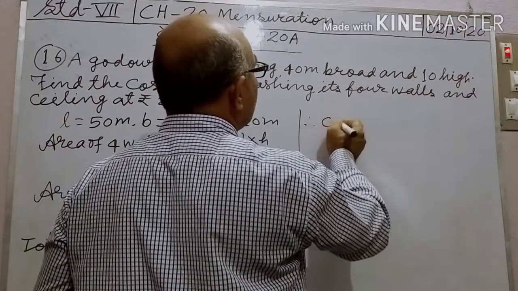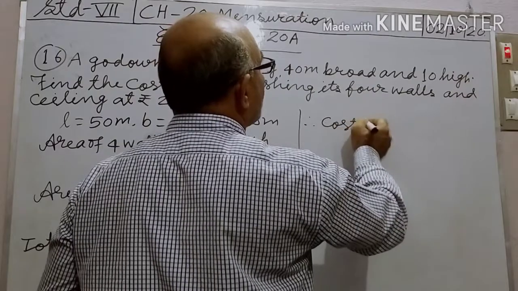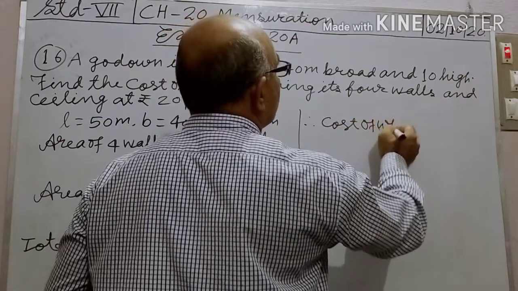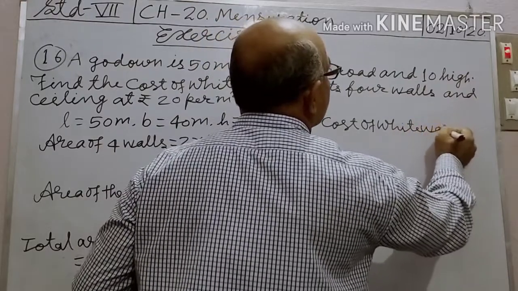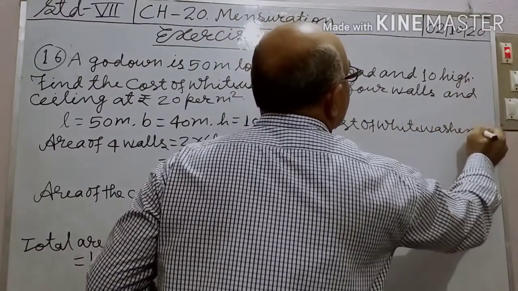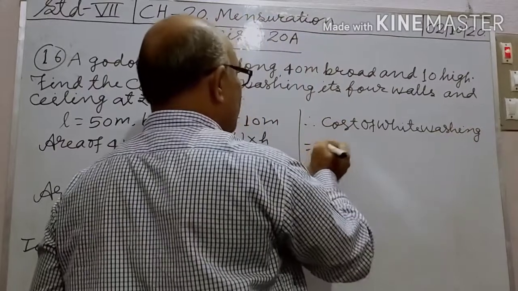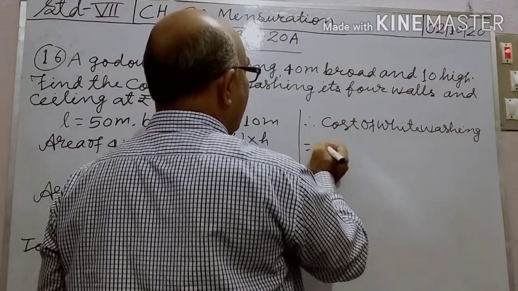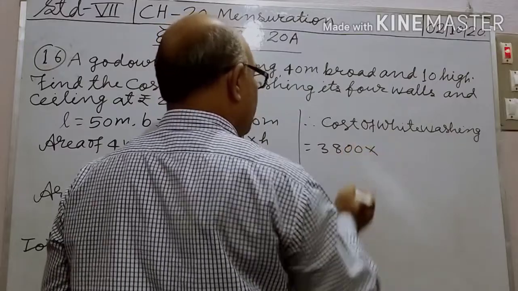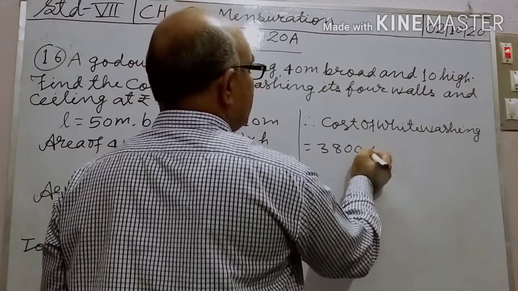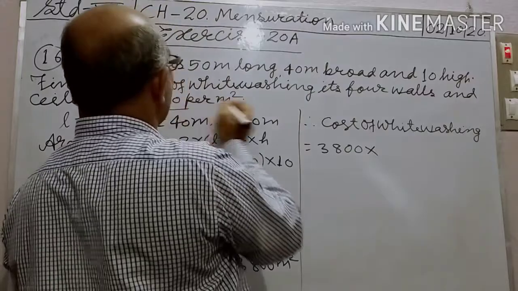Now find the cost of whitewashing. Cost of whitewashing equal to total area 3800, rate rupees 20 per meter square.